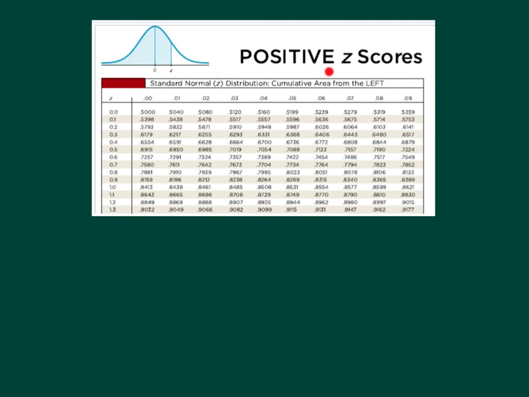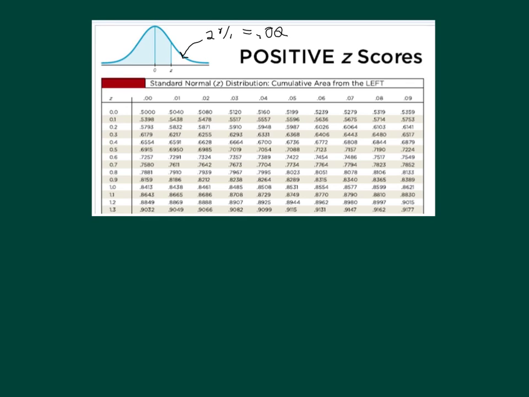So here we have our positive z-score table. And the positive z-score table is going to give us the area to the left of our positive z-score. Well, what we want is for this area to the right to be 2%, which is 0.02 to the right.